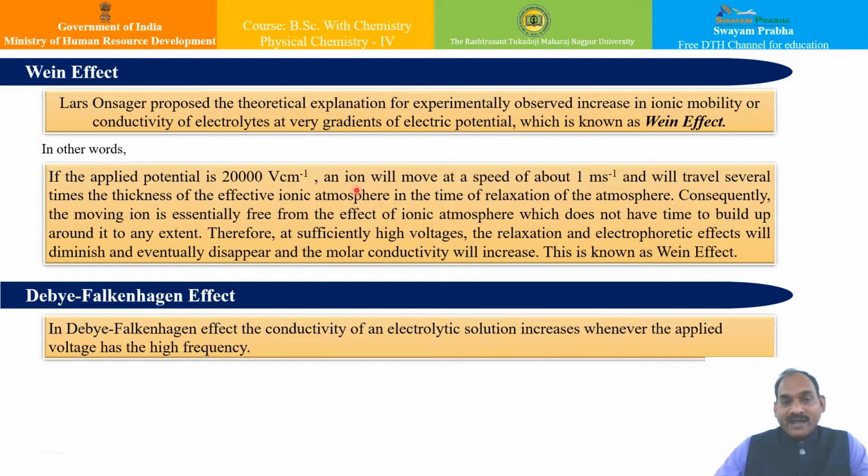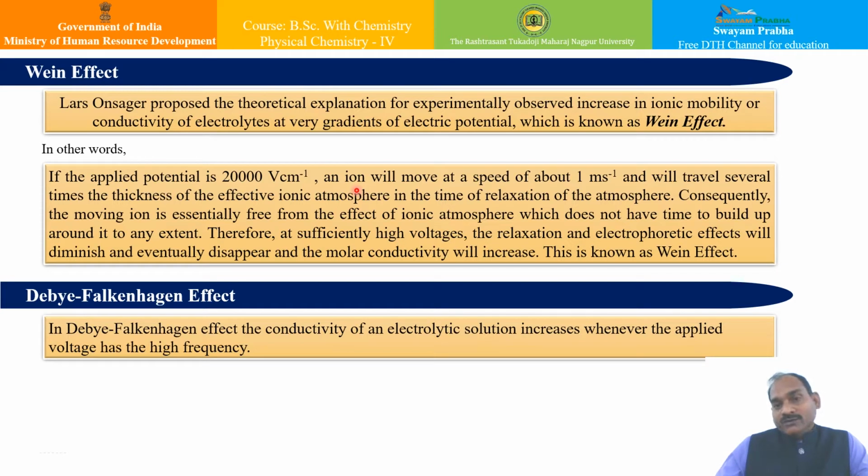Now, what will happen if I apply a very high electric field? I'm talking about say 10 to the power 5 volts per centimeter or greater. Under such a situation, an increase in conductivity is observed. Why do we observe this increase in conductivity of the electrolyte?